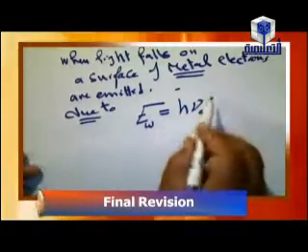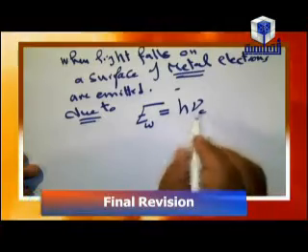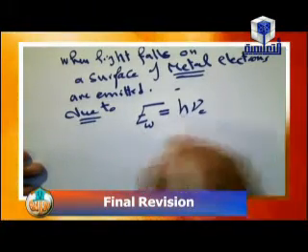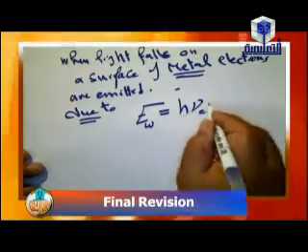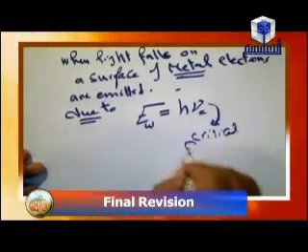So the light incident on the surface of metal has frequency greater than the critical frequency, and the work function is equal to h nu c. Nu c represents the critical frequency.